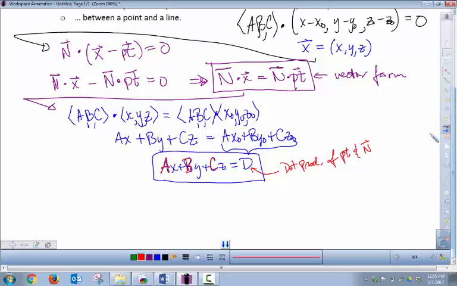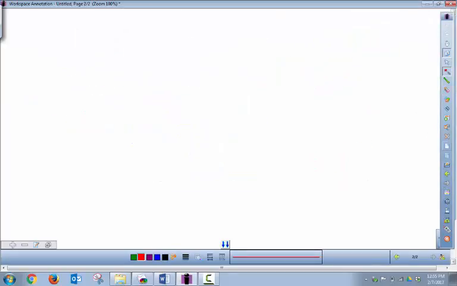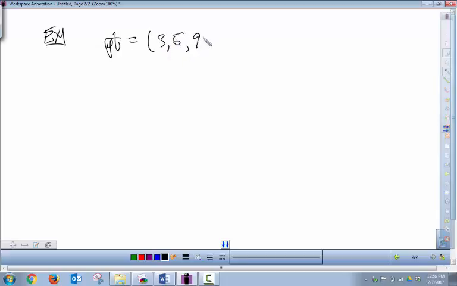So let's do an example real quick. Let's say we have a point. What's our point? And we need a normal vector. So we have a point and a normal.